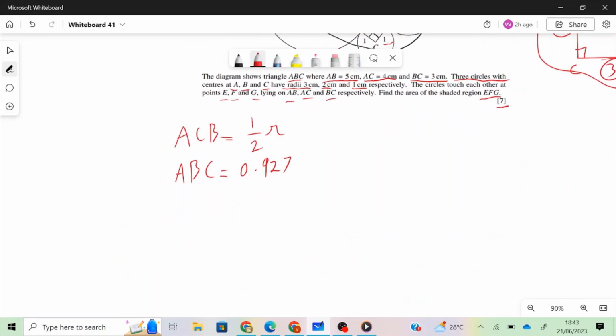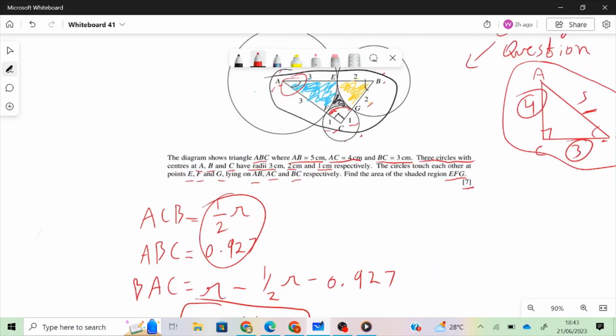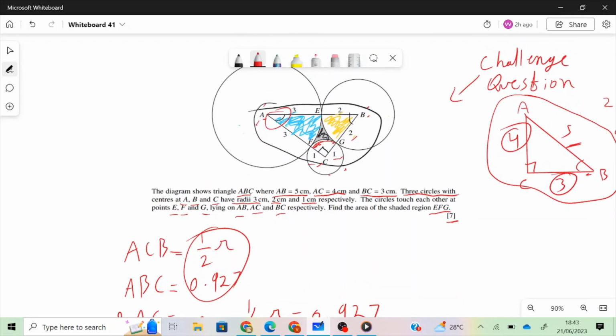So angle BAC simply equals pi minus both of these, so pi minus 1 over 2 pi minus 0.927, and doing this, angle BAC is roughly around 0.643, again rads.